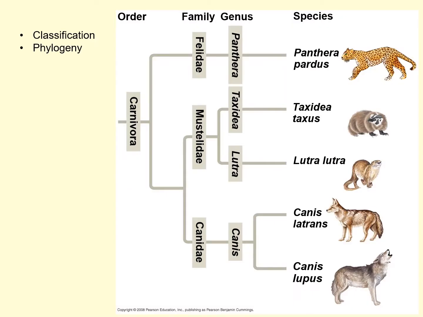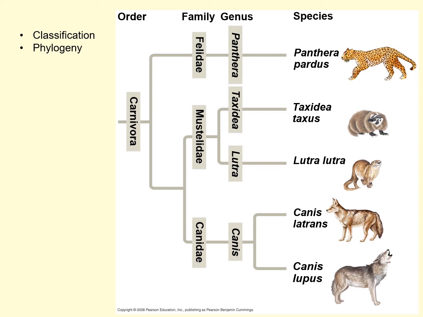So when we take a look at the classification of phylogeny, here's what we have. We have Panthera pardus, Taxidea taxus, Lutra lutra, Canis latrans, and Canis lupus. So we have wolf, coyote, otter, badger, and the leopard right there.